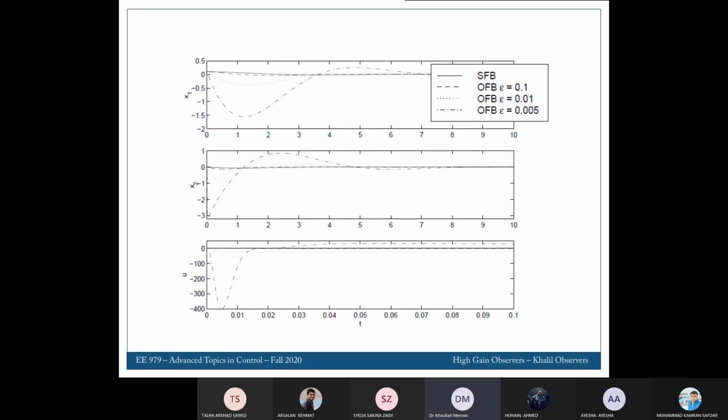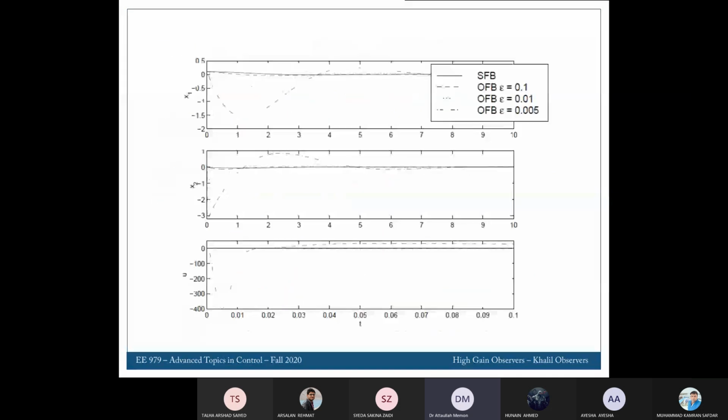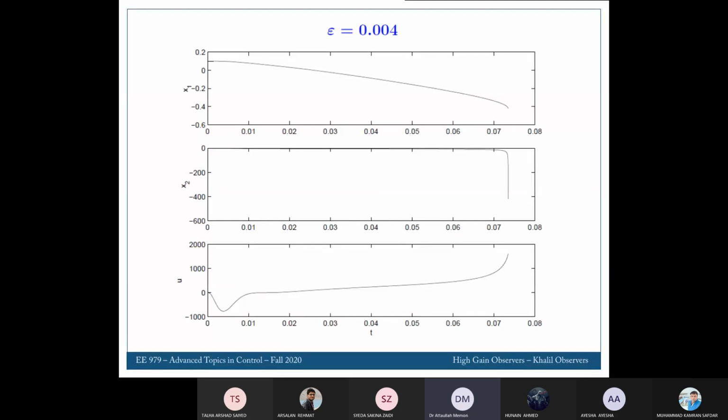Now I'm going to show you the effect of peaking phenomena. What happens in this particular example, if you go and choose epsilon equal to 0.004, the states actually become unstable, and that's the plot here.